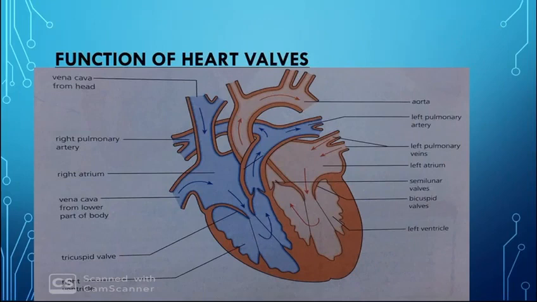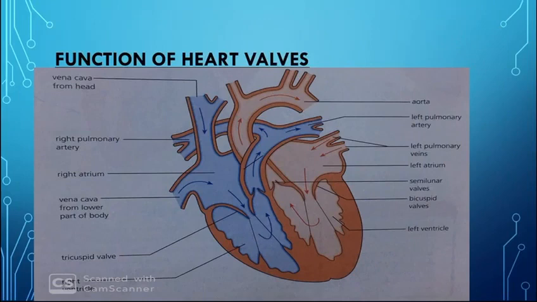Now have a look at the heart valves. The heart valves are of four types present inside the heart. The direction of the blood flow is maintained by the valves in the heart, which prevent the backflow of the blood when the muscles contract.